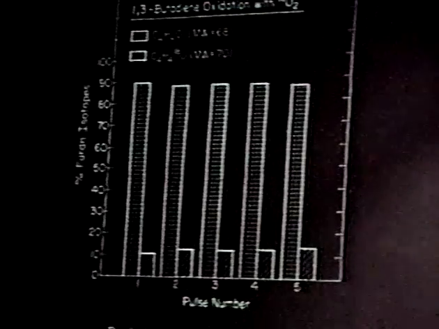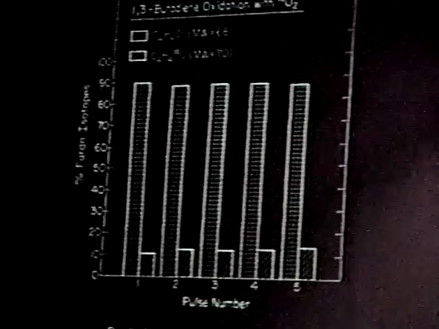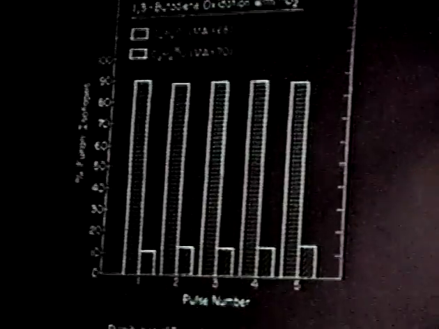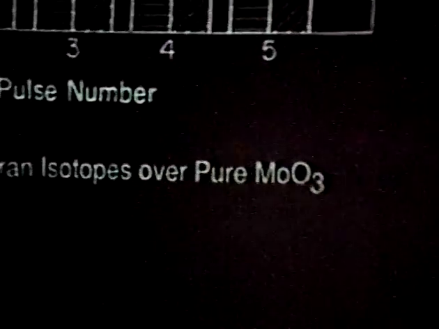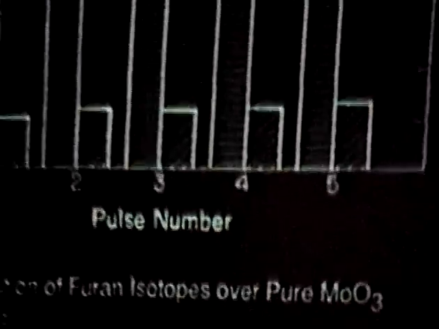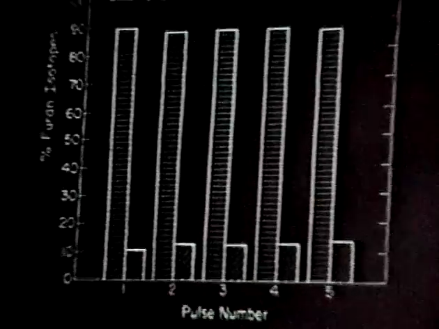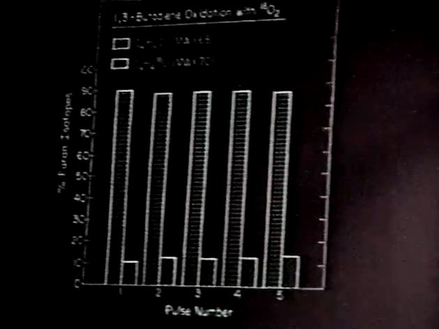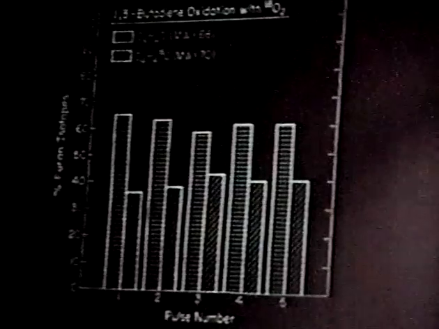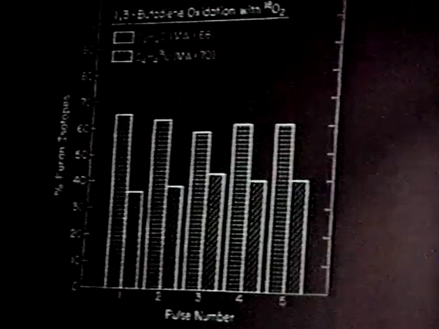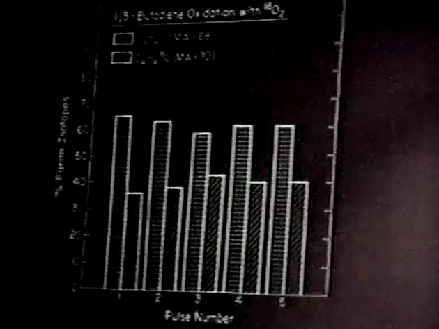Now we have made similar comparisons for furan isotopes. This is pure molybdenum trioxide, and we see that about 85% of oxygen in furan isotopes comes from the lattice oxygen, being oxygen-16. The percentages are closer together for pure manganese molybdate.